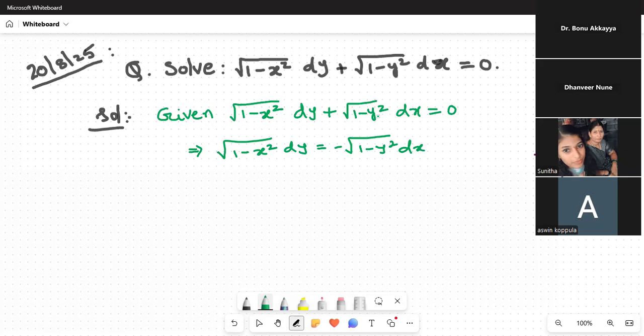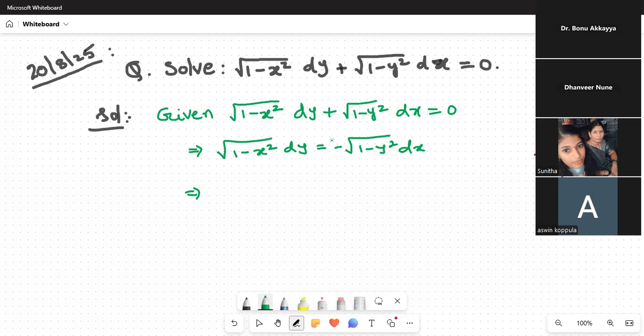Okay, thank you. So this equation can be written as, first of all, I would like to translate this term into the right hand side. So plus term becomes minus. So clearly we have to separate the terms x and y separately.